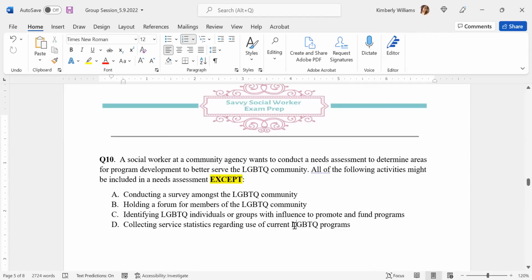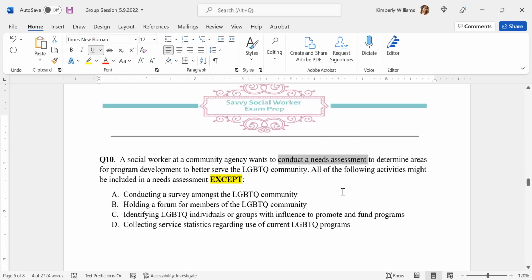So, all right. So what's going on in the situation? Is it one we need to break down? It sounds like a question that we just kind of need to know the information, right? Yeah. All right. So what's going on? We just got to identify what's going on. Mm-hmm. So she wants to conduct a needs assessment to determine the program development for this community.